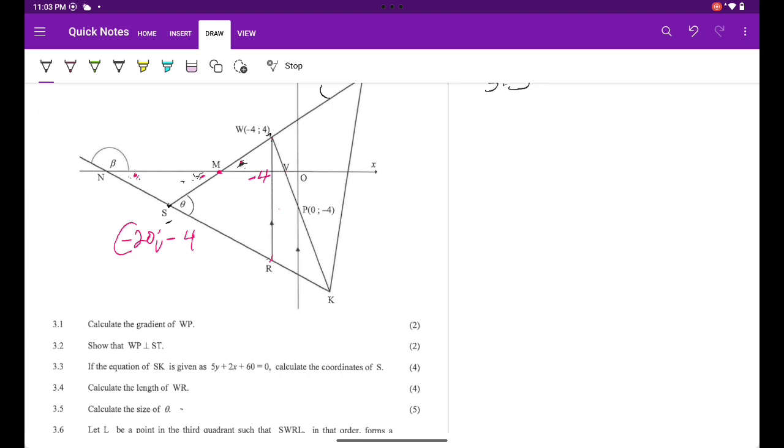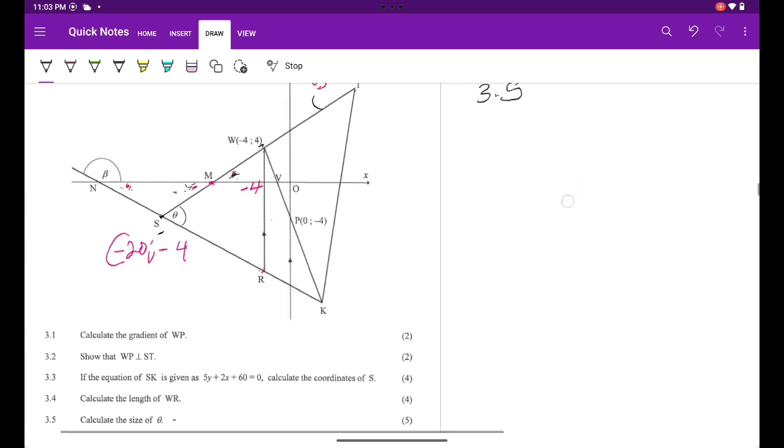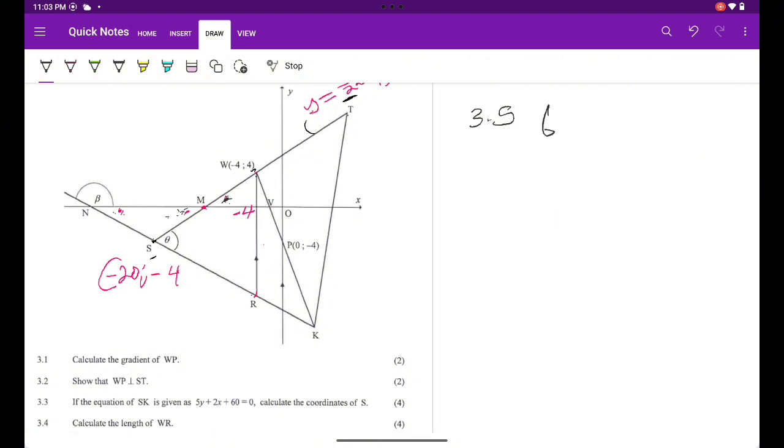Now angle beta, let's say tan beta, tangent of beta equals the gradient. So the gradient of this line here, we already know that it's negative 2 over 5. And then that will help us to get beta.